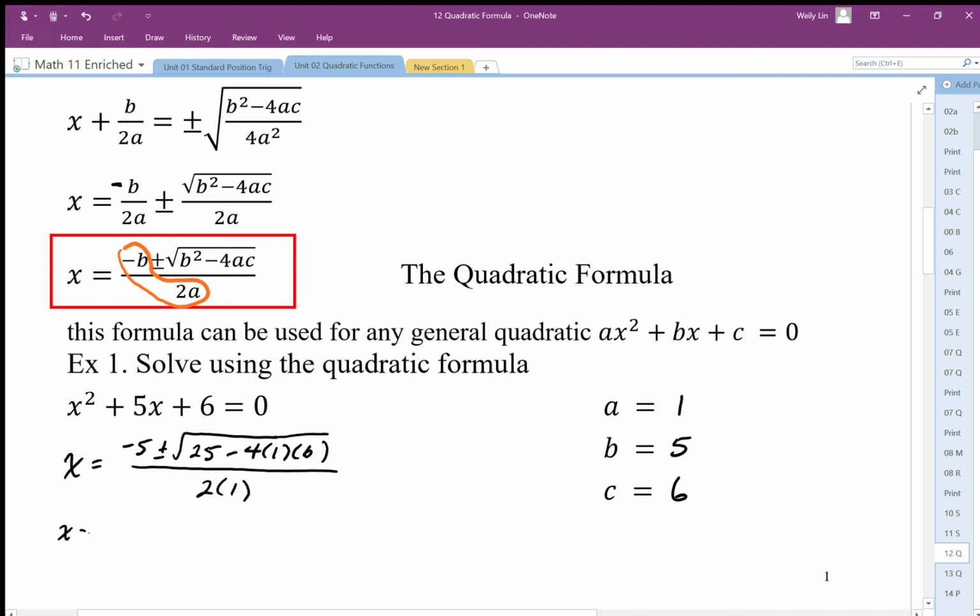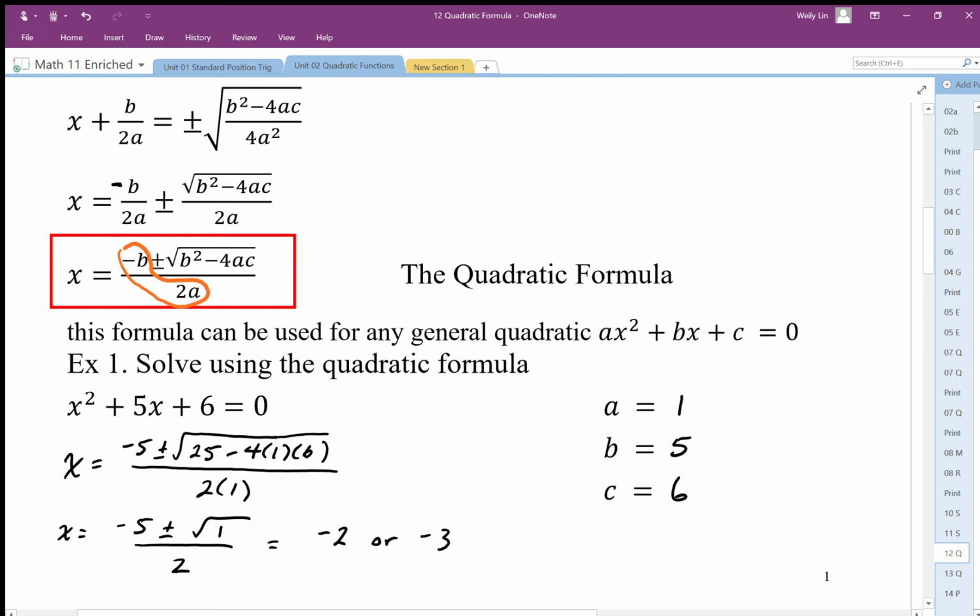When we simplify this, we end up with negative 5 plus minus the square root of 25 minus 24, which is 1, divided by 2. So that simplifies to negative 5 plus 1 is negative 4, divided by 2 is negative 2. Or if I go negative 5 minus 1 is negative 6, divided by 2 is negative 3.